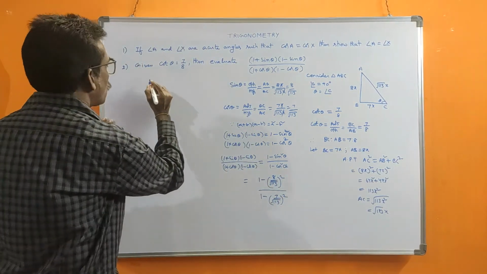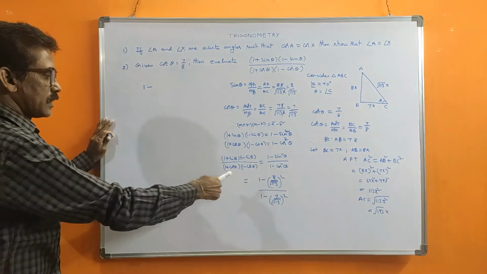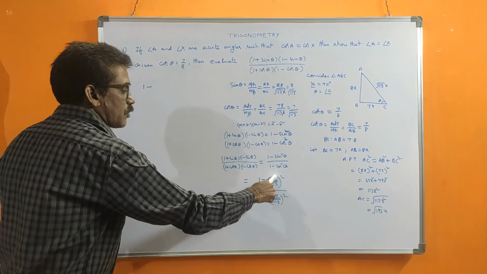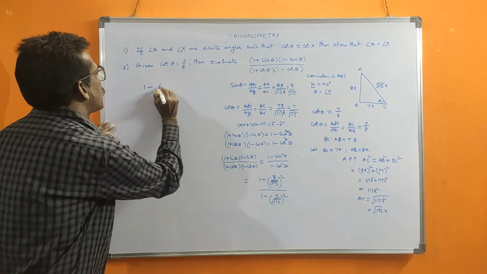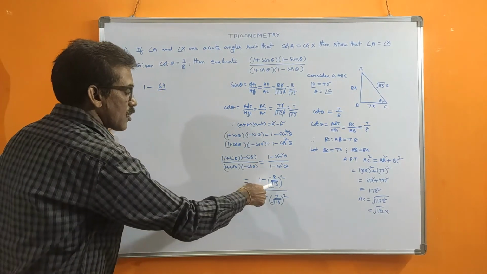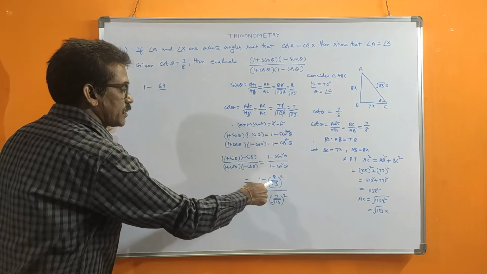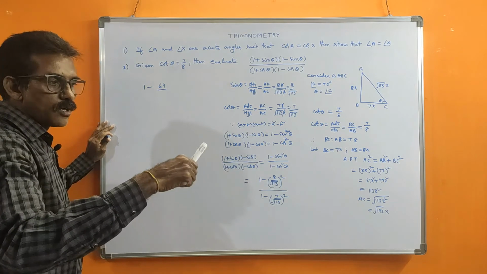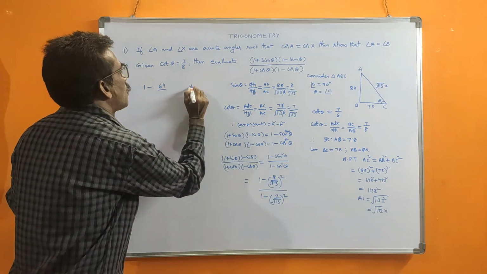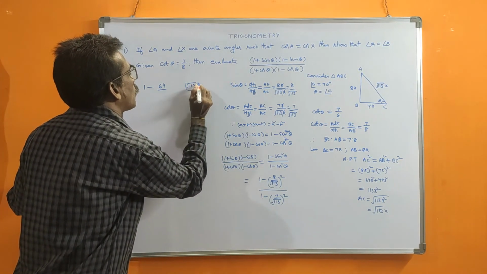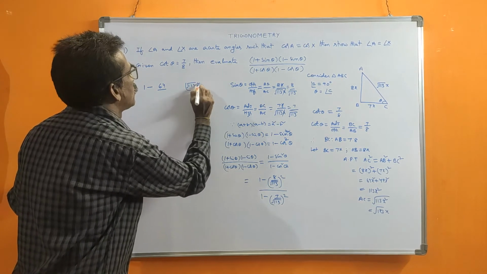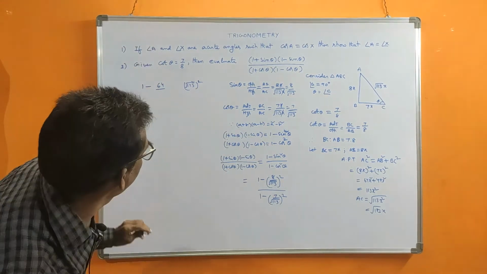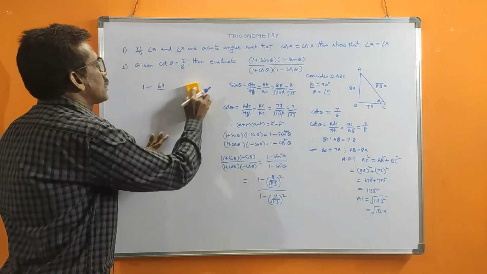Now here the square belongs to numerator and denominator also. 8 square is 64 by root 113 whole square, and the root and square cancel, so only 113 will come.